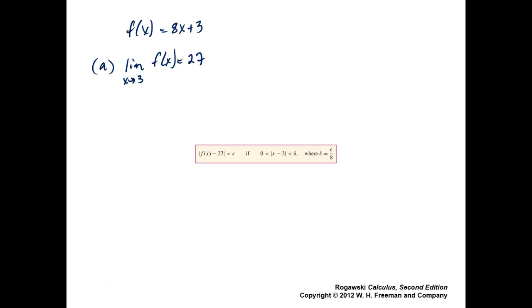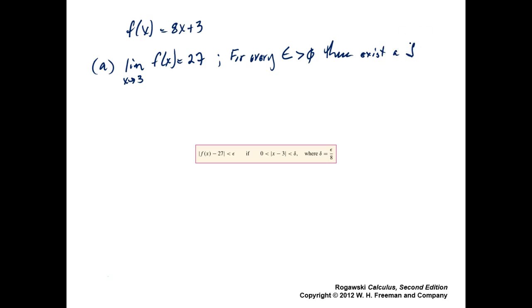So how do we do that? We used to almost have to recite it. This is true for every epsilon greater than 0, or any epsilon greater than 0, okay? There exists a delta.